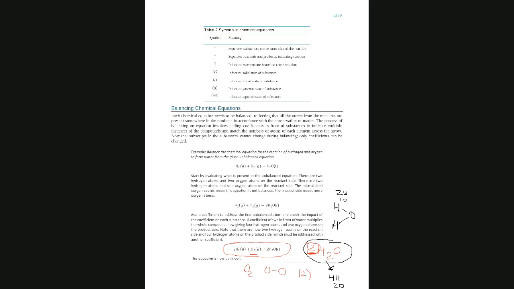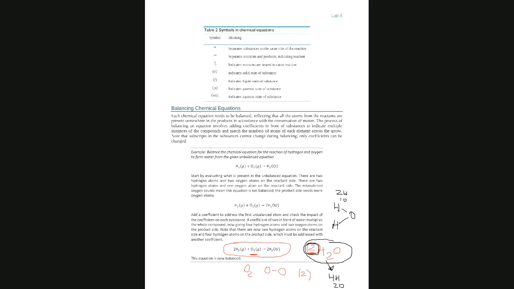Because I added the coefficient 2, I want to know how many atoms total I have. And for hydrogen, it will be 2 times 2, which is 4 hydrogen. And how many oxygens? Only the ones given by this coefficient, which is 2 oxygens.